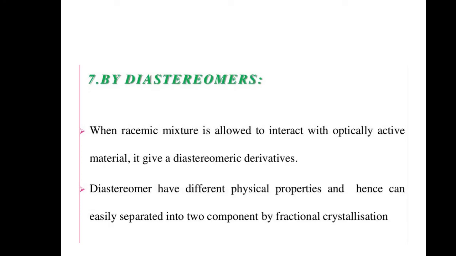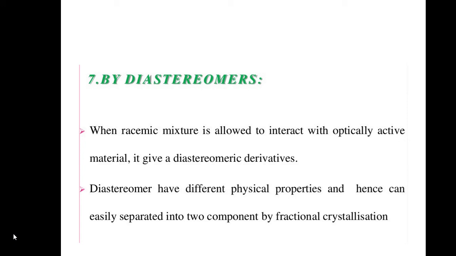The last one is by diastereomers. When a racemic mixture is allowed to interact with an optically active material, it gives diastereomeric derivatives. Diastereomers have different physical properties like melting point and boiling point, and hence can easily be separated into two compounds by fractional crystallization.